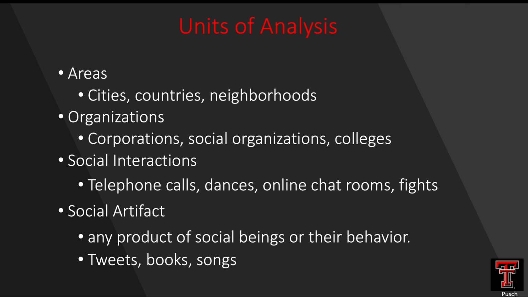Again, if your research question is looking at, for example, posts on Reddit that look at incel behavior, your unit of analysis is not going to be the individual there. It's going to be the post on Reddit, because we're not even really sure what individual is behind all that stuff. So again, any product that's produced by humans can be a unit of analysis as well, and we call this a social artifact.